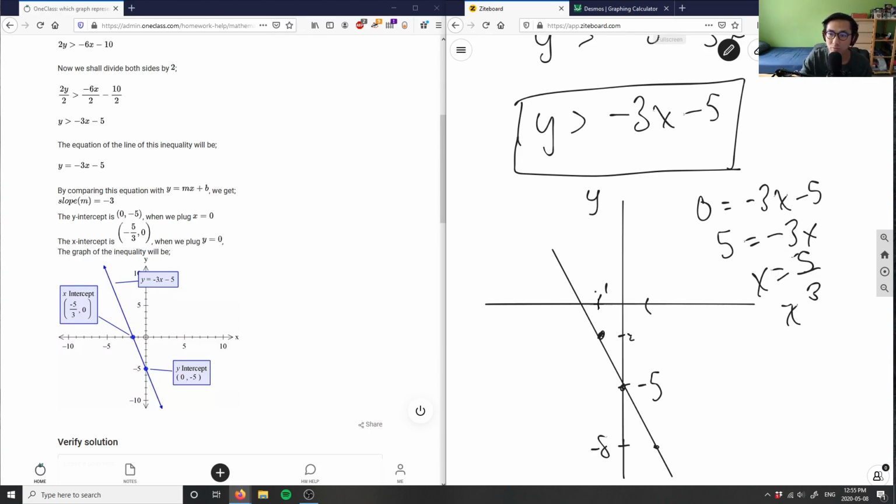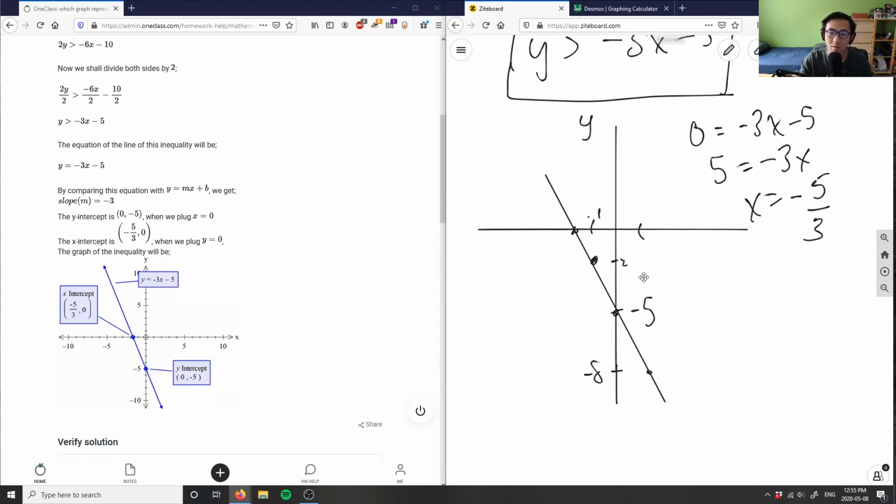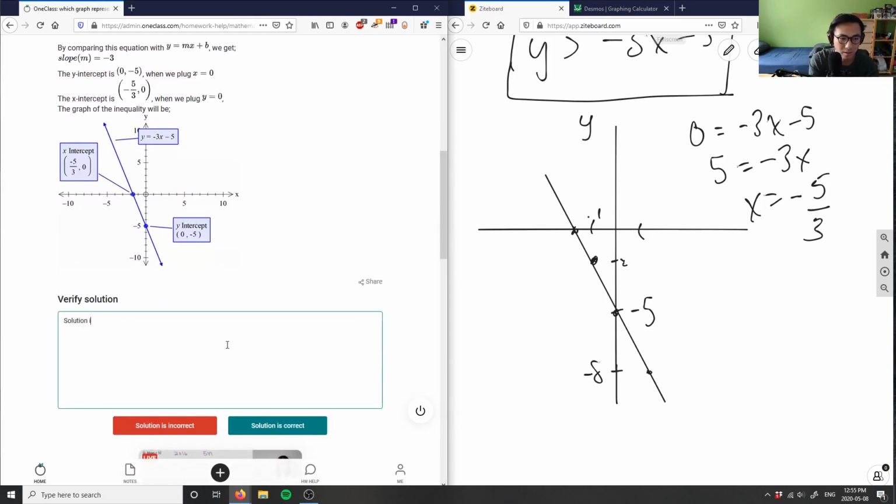Which is supposed to be this point here, but I don't know if I sketched it nicely enough to get that point. But that's our graph for the inequality. So this here is negative 5 over 3, so this solution is correct. They did the graph here, which is great. So the solution here is correct.